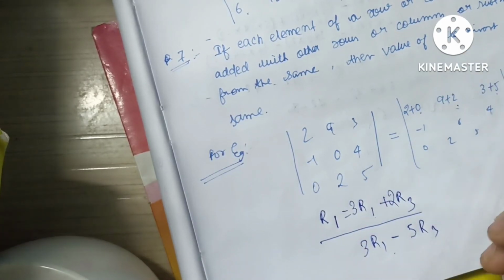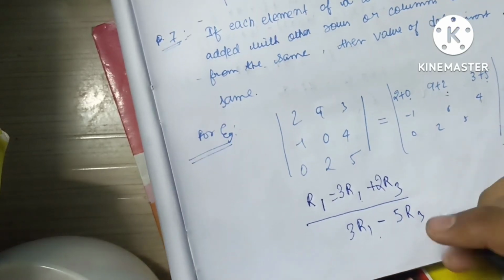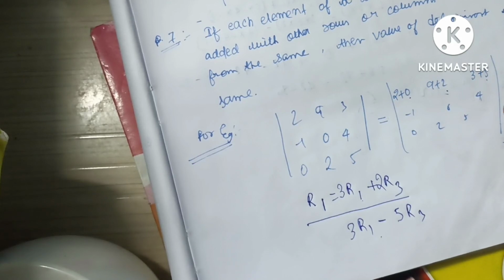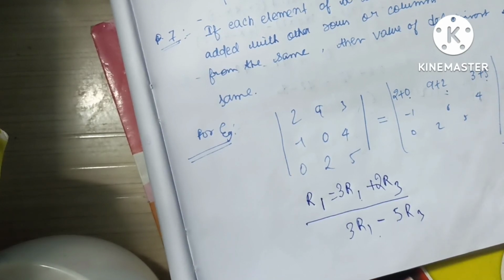Property number 7 is called the powerful property because it simplifies the determinant in a very easy way by adding or subtracting. The basic aim in solving a determinant is to bring 2 zeros.